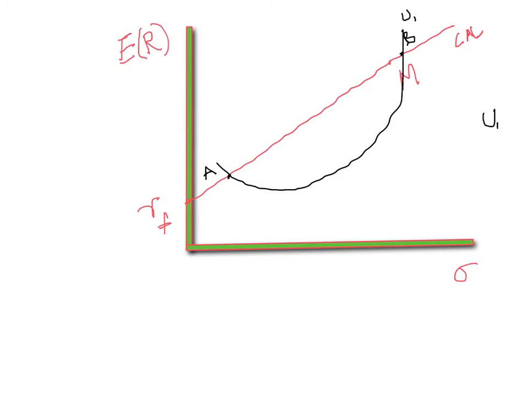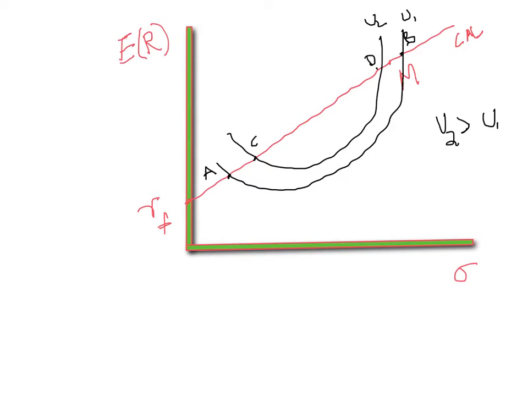But if we push this utility function further out, we observe an increase in utility for the investor. And so points C and D would be preferred over points A and B.